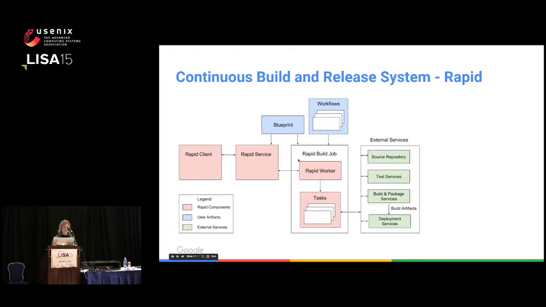This square in the center is basically the main worker. This is running in Borg jobs in our production environment. It receives a work request from the Rapid service. It uses the blueprint files and the workflows to determine exactly what to do, and it basically farms work out to our external services. So there's the test services, the build and package services.